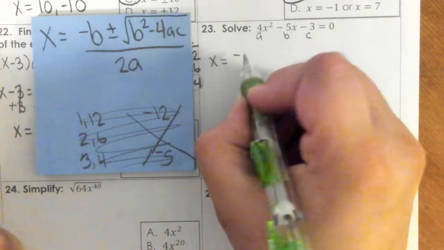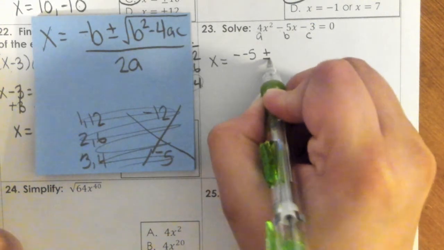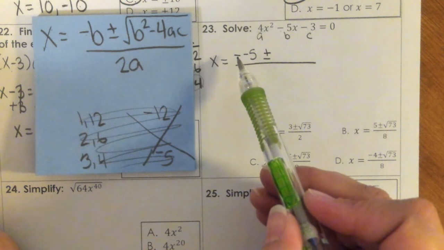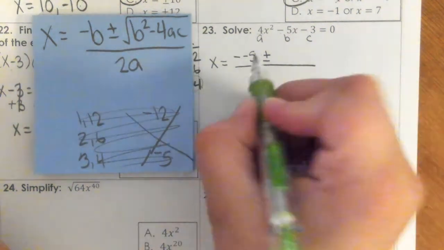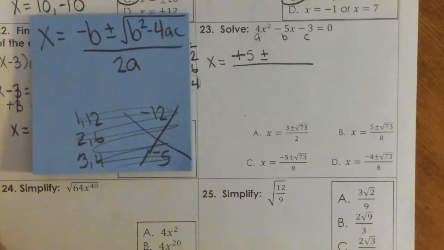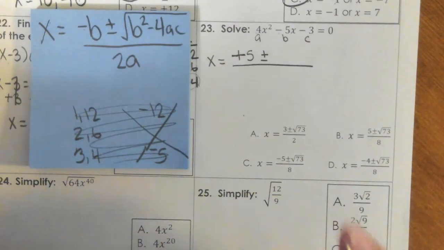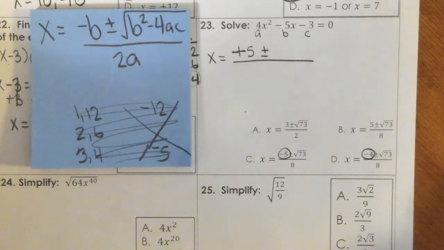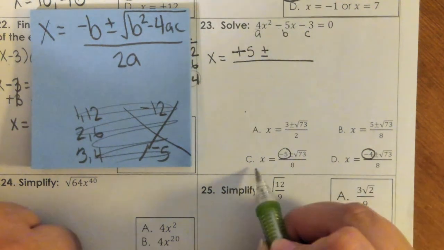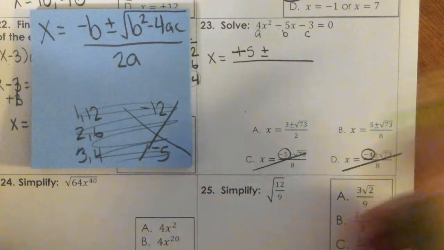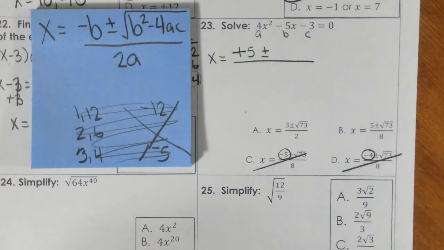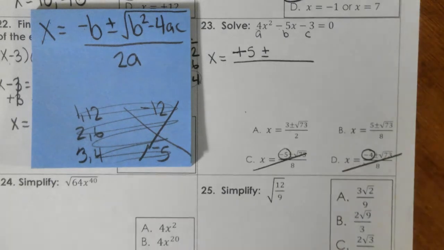Then I bring down this negative 5, and I see that I have a double negative. Well, a double negative makes a positive. So this means that no matter what, this answer and this answer are out. I can't use them. I have to have a positive 5 first. So that's out. Okay? So then I'm going to plug in some more.